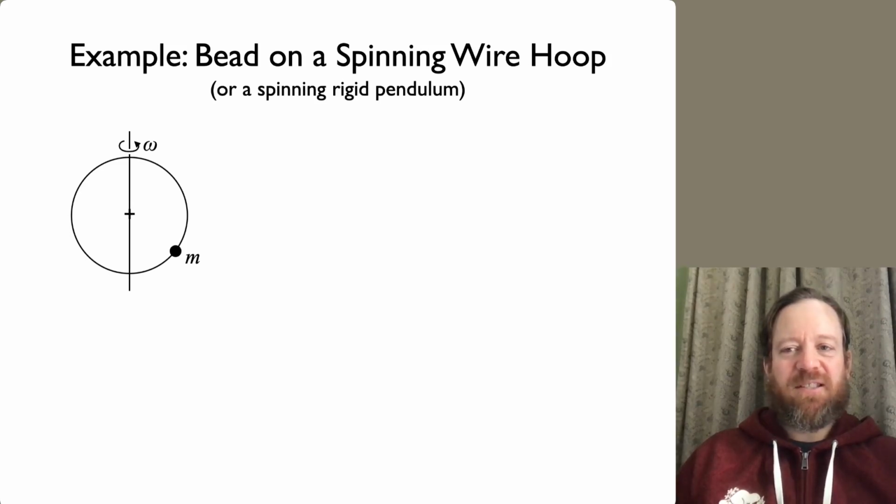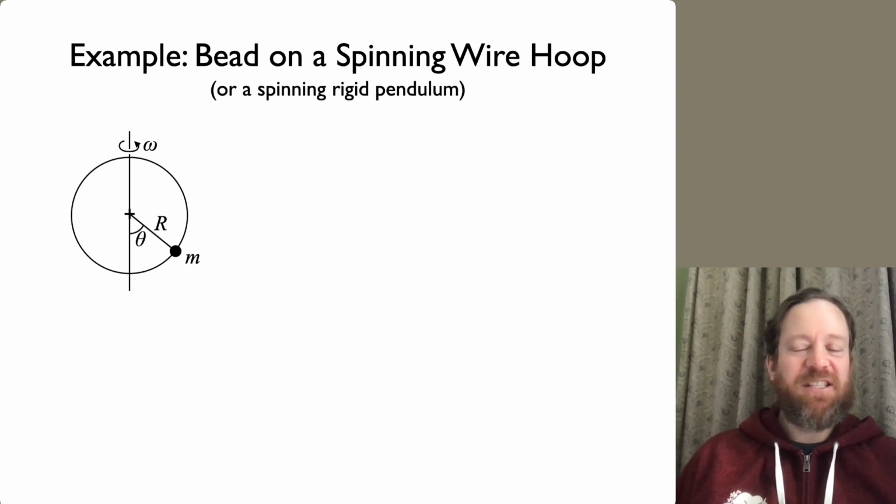All right, so let's write down a few different parameters that we will be concerned with. We'll imagine that the distance our mass m is from the center of the hoop, in other words from our origin, is just going to be the radius big R. We will write down the angle that makes with the vertical as being theta, just as we might have done for a pendulum.